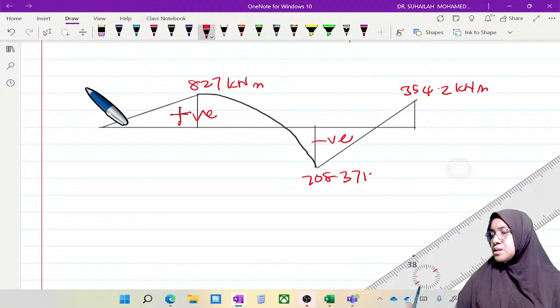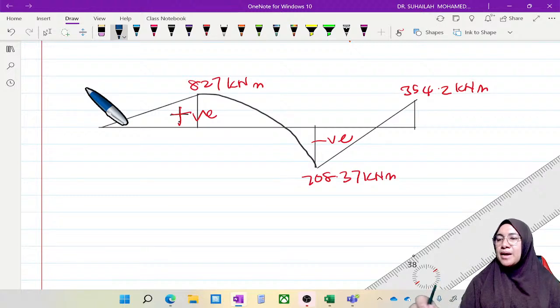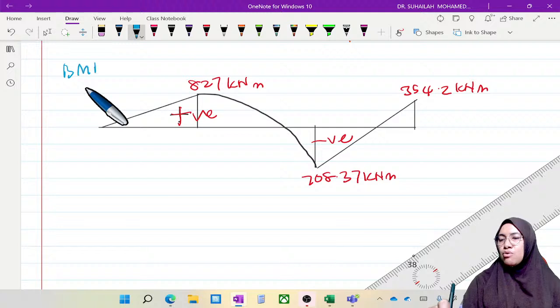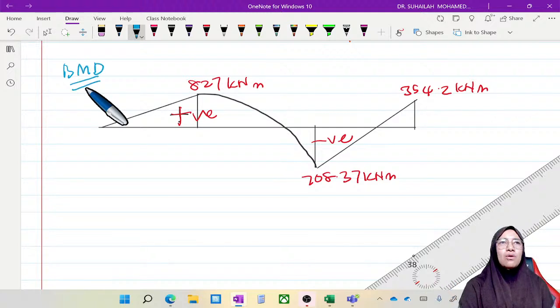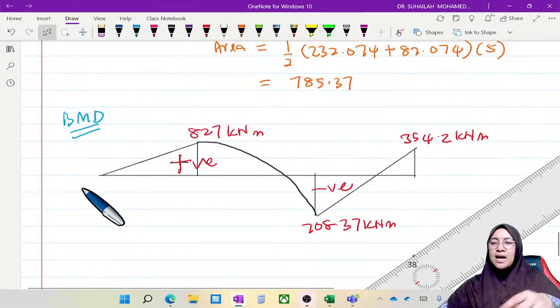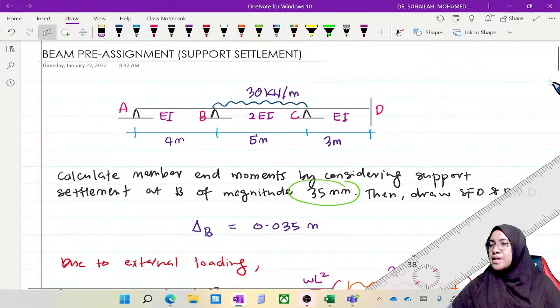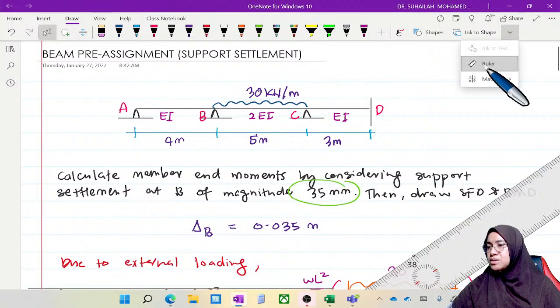So this is the bending moment diagram for the beam that we analyzed, considering support settlement.